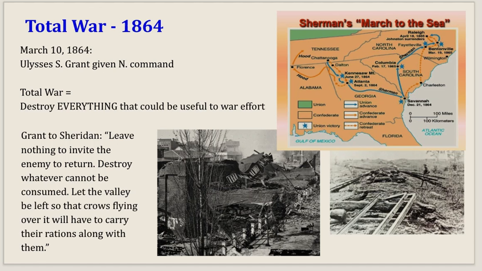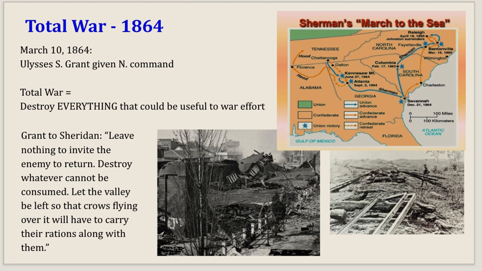After his key victory at Vicksburg, Grant was put in charge of the entire Northern Army. Lincoln promotes him. And his strategy, Grant's strategy, is known as total war. Total war means destroying everything that could possibly be useful to the war effort.